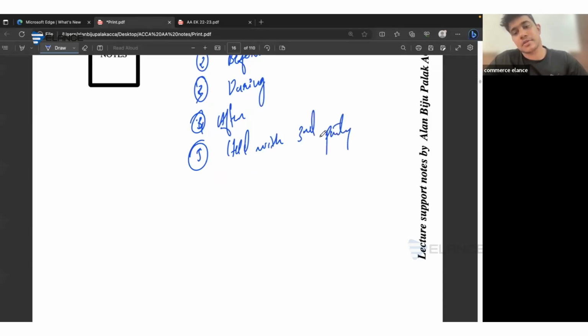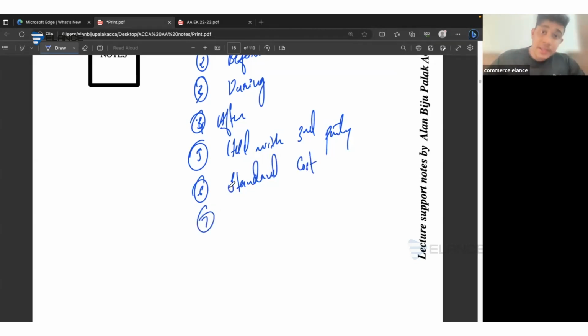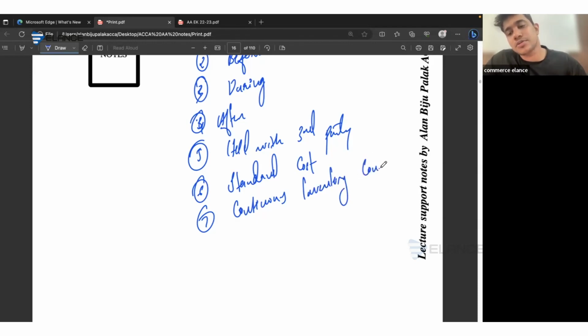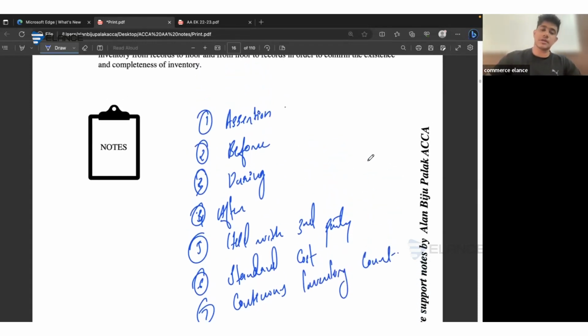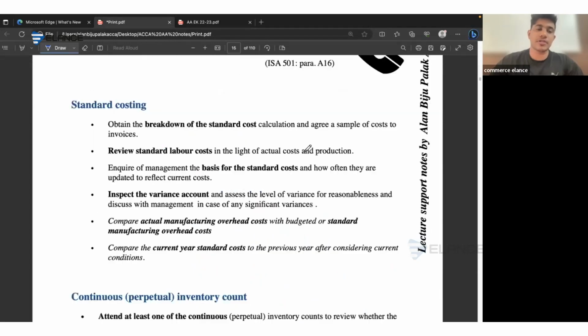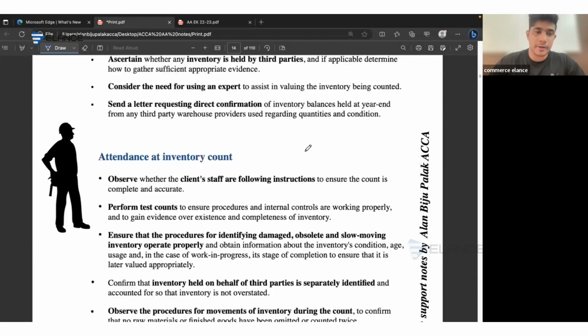Then if the inventory is recorded using the standard cost method, inventory recorded at standard cost can be considered as a point. And finally, if there is any possibility that the company is having continuous inventory count, the points in relation to continuous inventory count also we learned. So these are the seven sets of points we learned in relation to inventory, right?